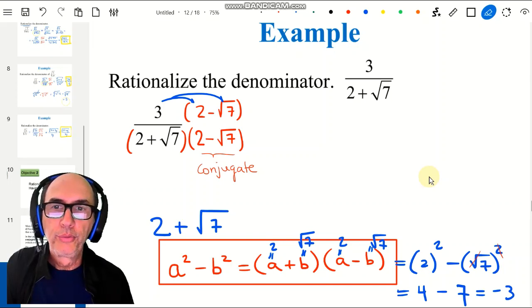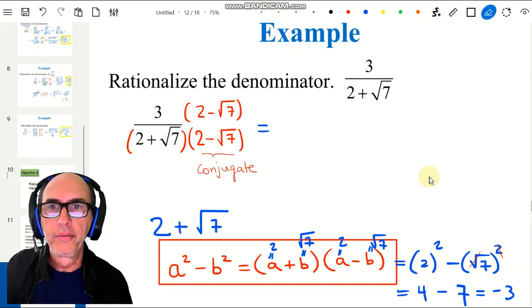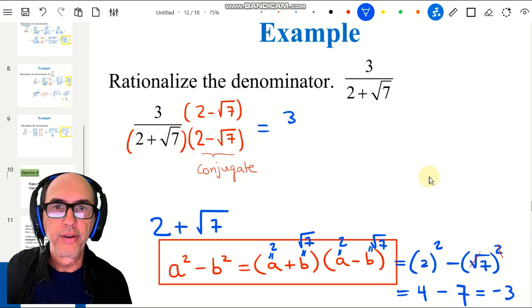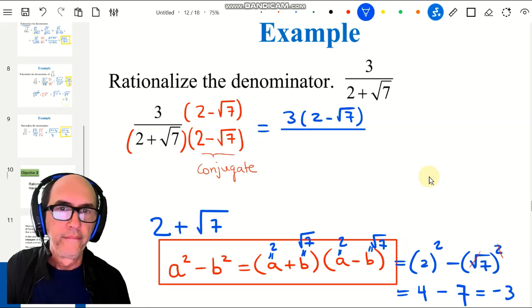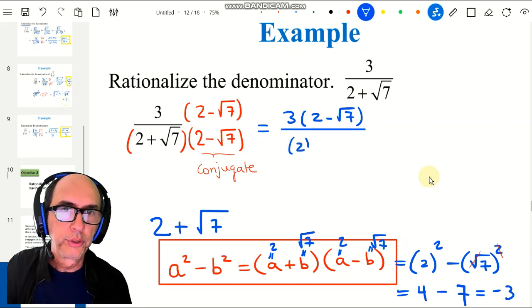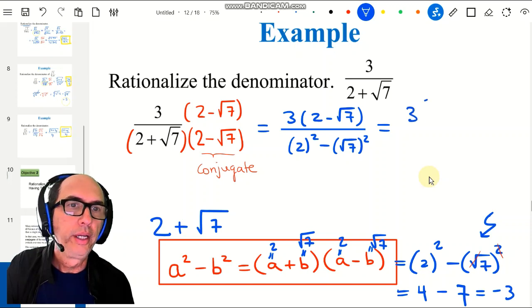Okay, multiply both the bottom and the top by the conjugate, and then we don't need to apply the distributive property right now. Let's check if we can simplify later. 2 minus the square root of 7, let's keep it like that. On the bottom, we will have 2 squared minus the square root of 7 squared. You've seen here, right? And this equals 3 times 2 minus the square root of 7 over negative 3.